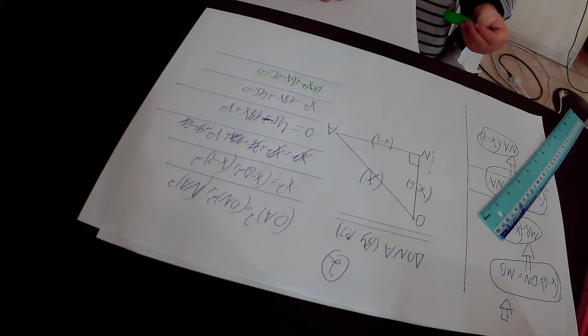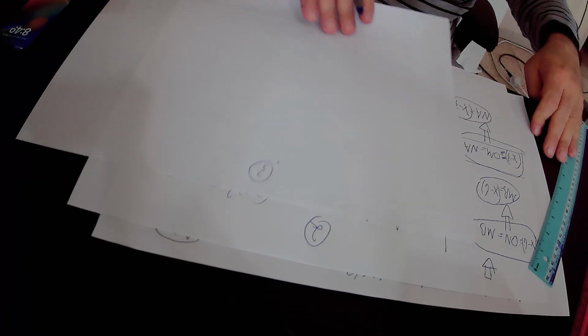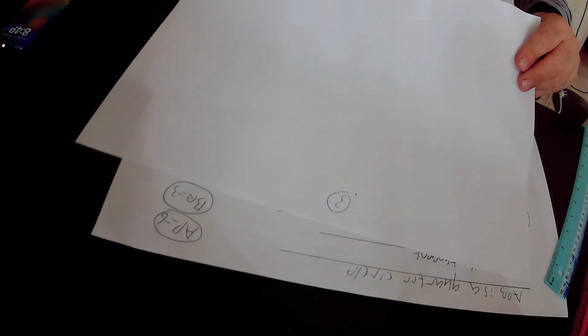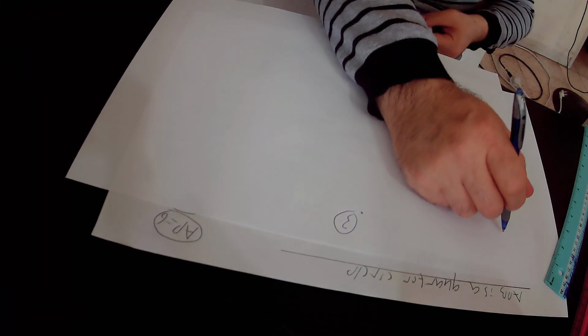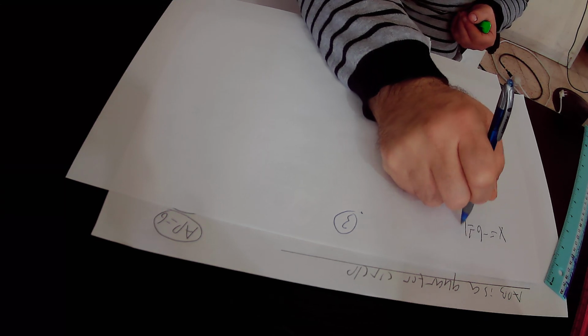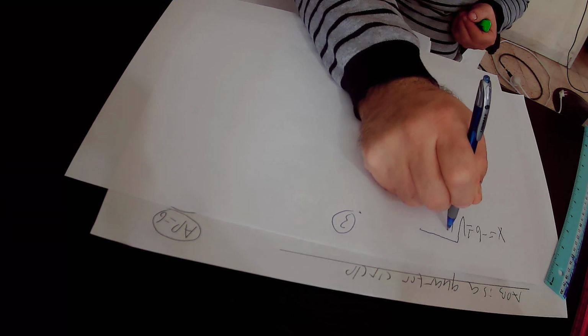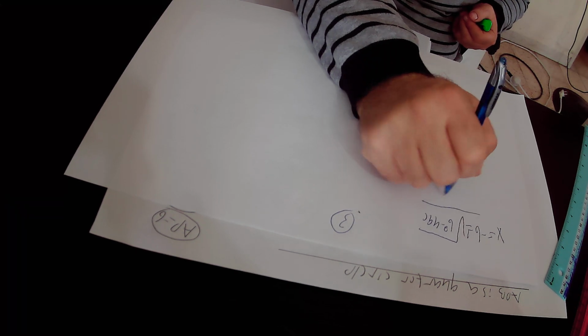And we'll find out the value of x according to the following formula. x equals minus b plus or minus square root of b squared minus 4 times a times c, over 2a.